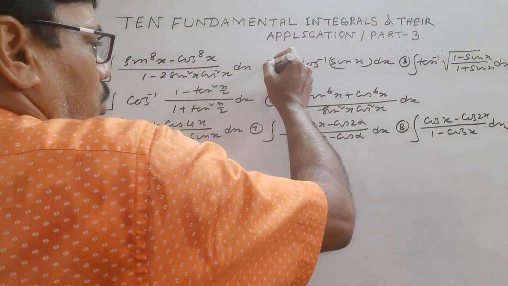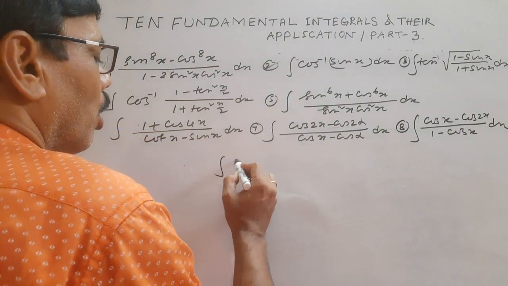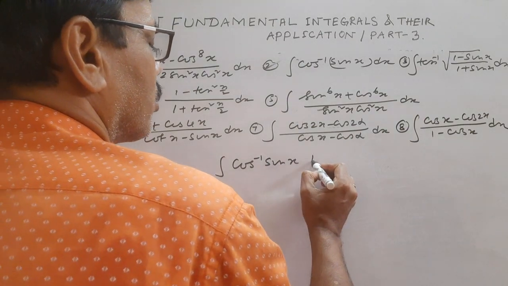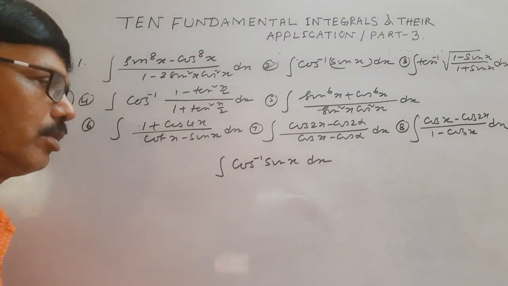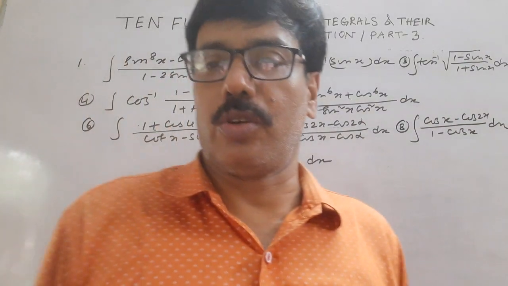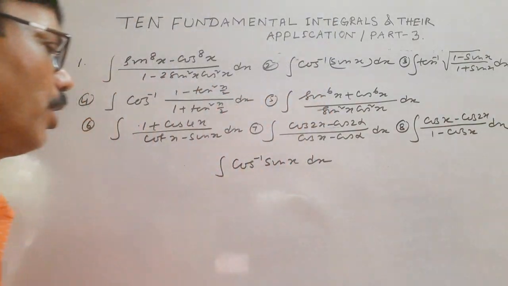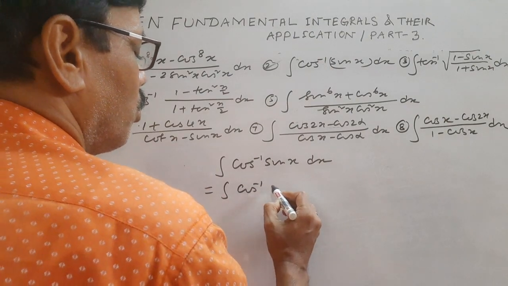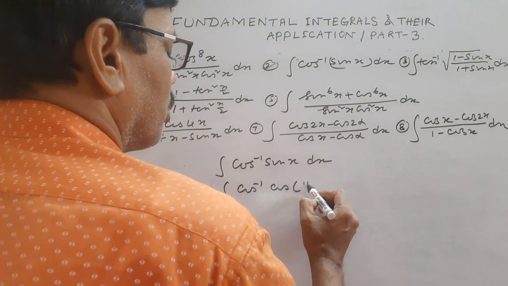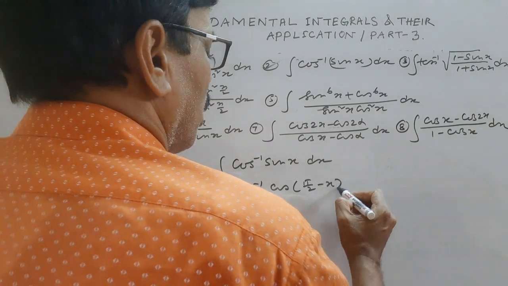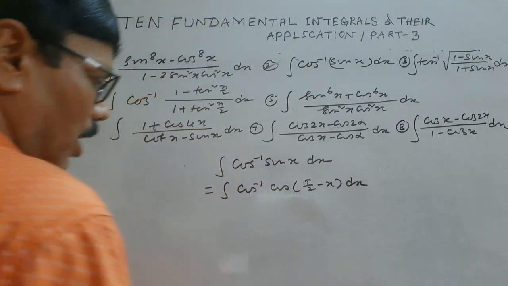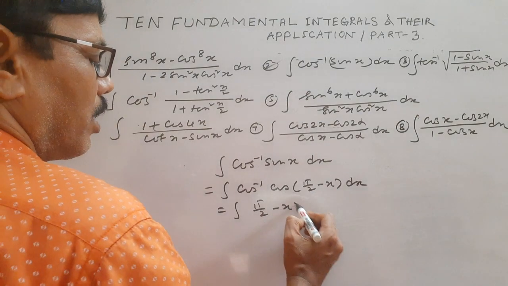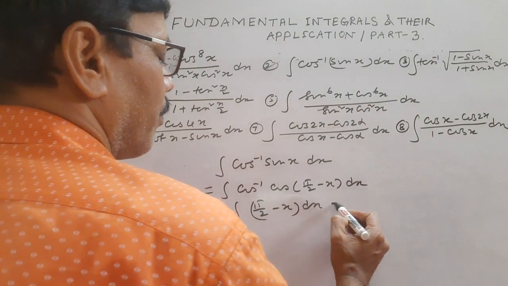Now problem number 2. Cos inverse sin x dx. So this is not standard. So using trigonometry, inverse circular function, we know sin x is cos of pi by 2 minus x. So it is cos inverse cos of pi by 2 minus x dx.